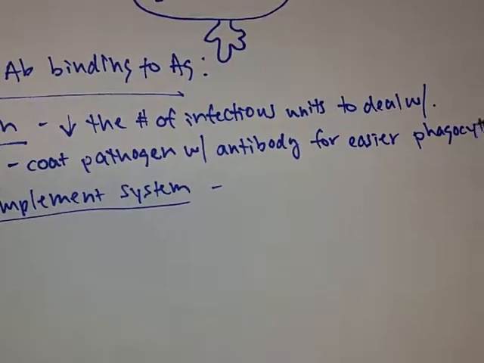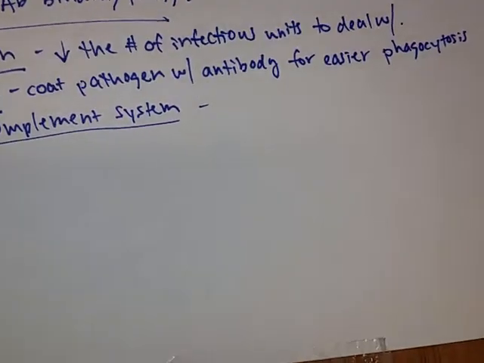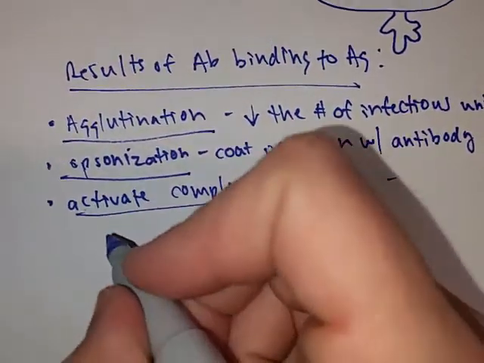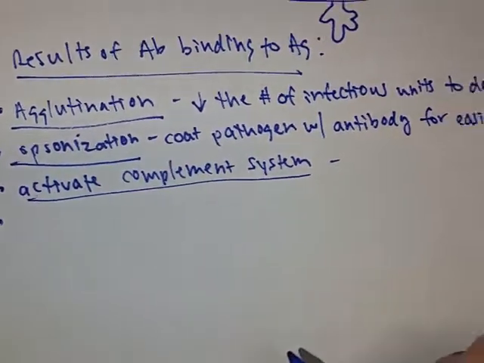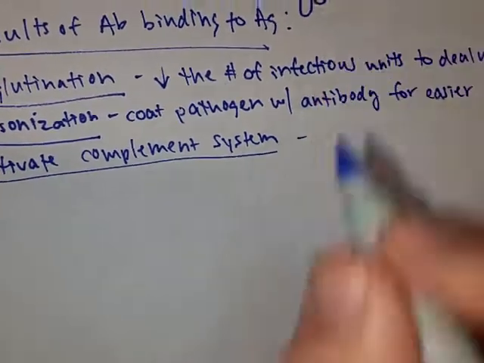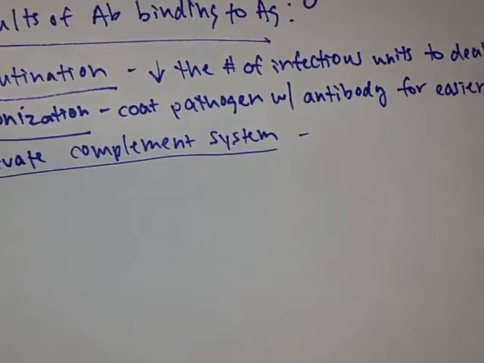Through that classical pathway, we get inflammation, cell lysis, and even further opsonization, as microbes get coated with the complement proteins as well as the antibodies.